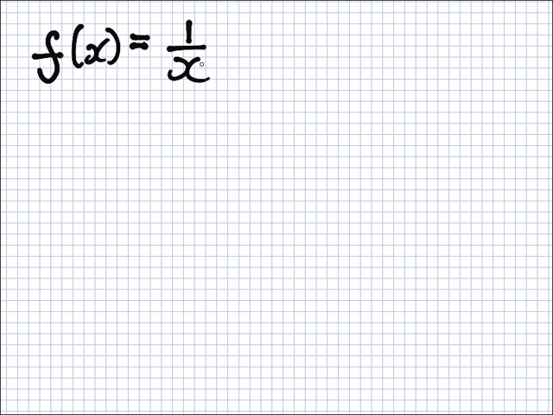Good. What did you get? Negative 1 over x squared. And you used first principles?